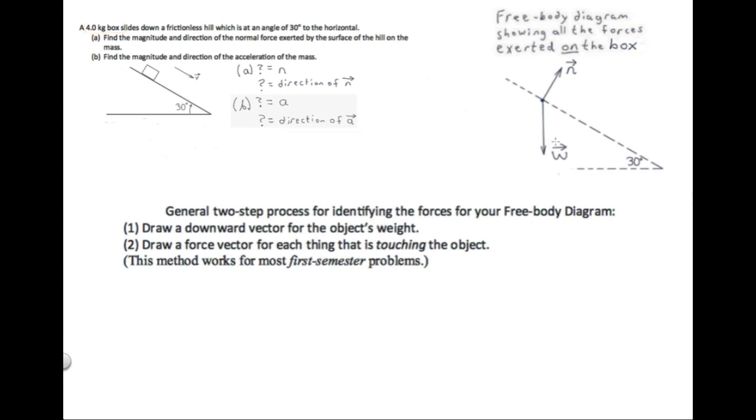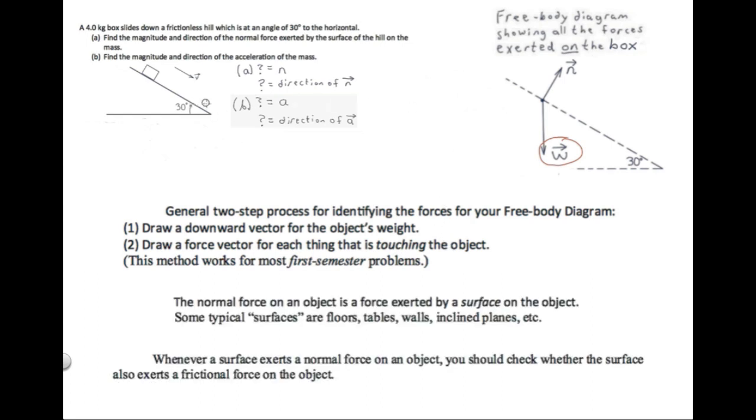We start by drawing the weight force on the box, and then we ask ourselves, what are the things that are touching the box? Well, the box is being touched by the hill. The hill is basically an inclined plane, and an inclined plane is the type of thing that we treat as a surface, which means that the hill is going to be exerting a normal force on the object.